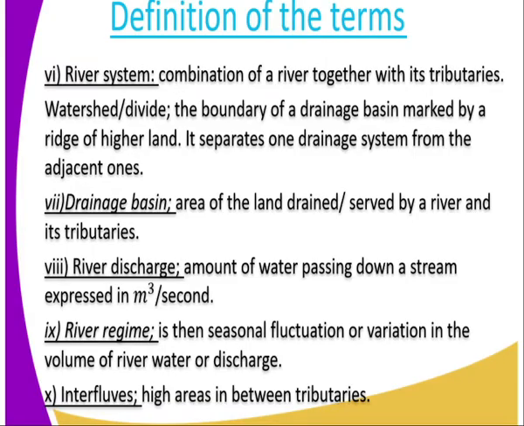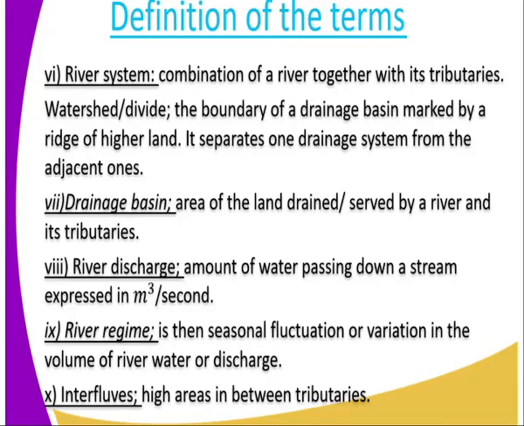It separates one drainage system from the adjacent one. Then we have the drainage basin, an area of the land drained or served by a river and its tributaries.